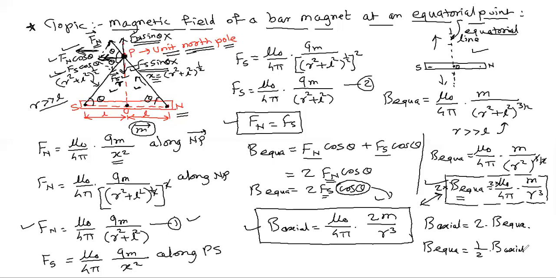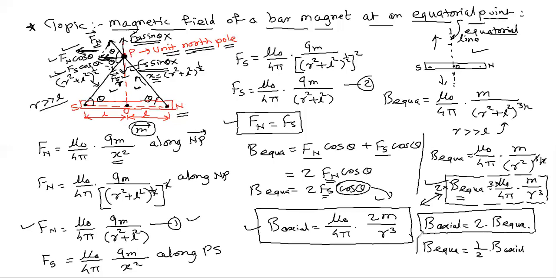You can write it any way. So this is a very simple relation, and 1 mark questions are also asked on this particular equation. That is, if the value of B equatorial, the magnetic field at an equatorial point, is given to you, then just multiply it by 2, and you will get the magnetic field at an axial point.